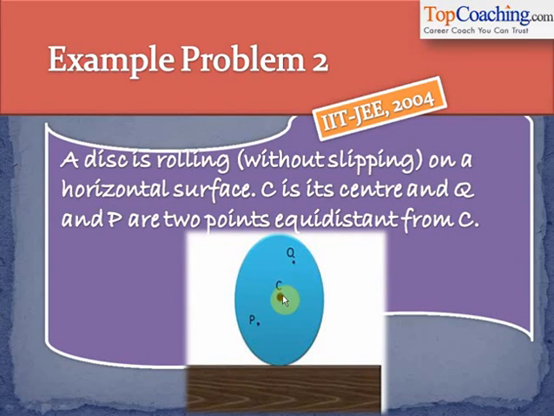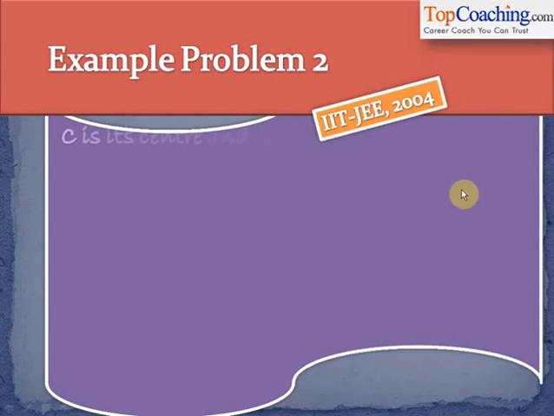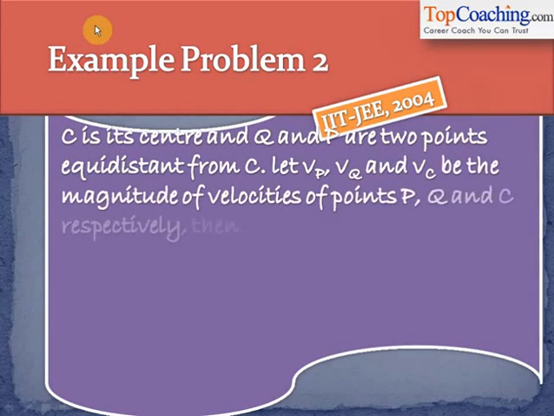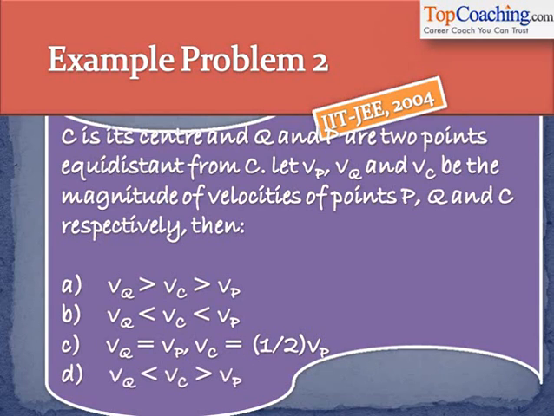As you can see, C is the center of mass of the disk and there are 2 points as shown which are equidistant from C. Let Vp, Vq and Vc be the magnitude of velocities of points P, Q and C. In that case, Vq greater than Vc greater than Vp, Vq less than Vc less than Vp, Vq equal to Vp, Vc equal to half of Vp, or Vq less than Vc greater than Vp.